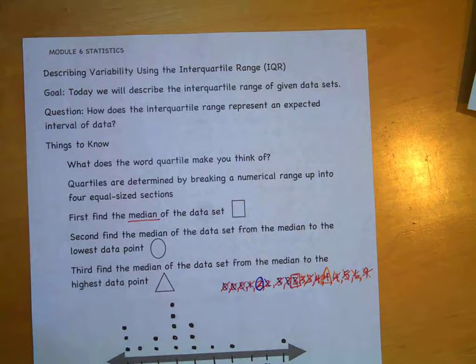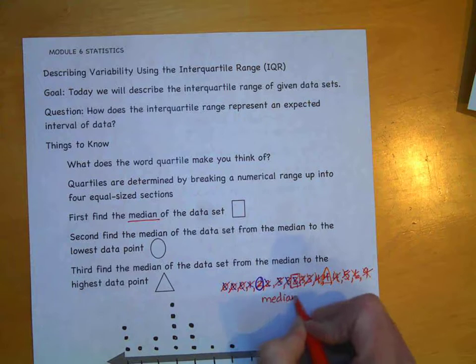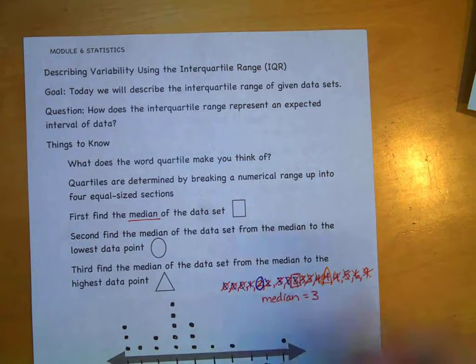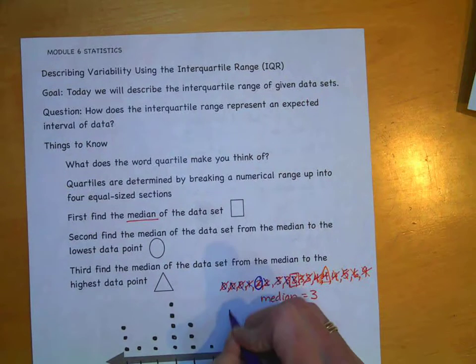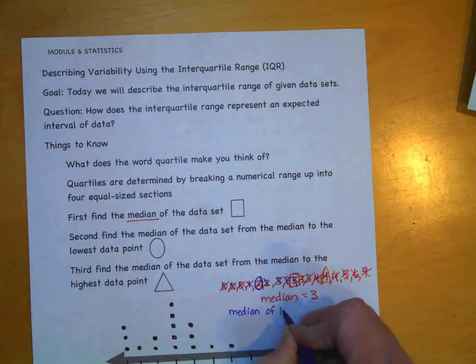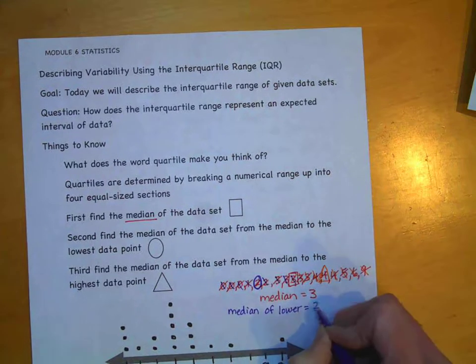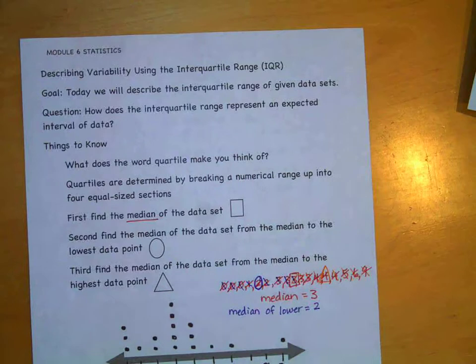So the way I want to keep track of it so that we don't get confused is the median was 3. The median of the lower quartile, that means the numbers below the median, was 2.